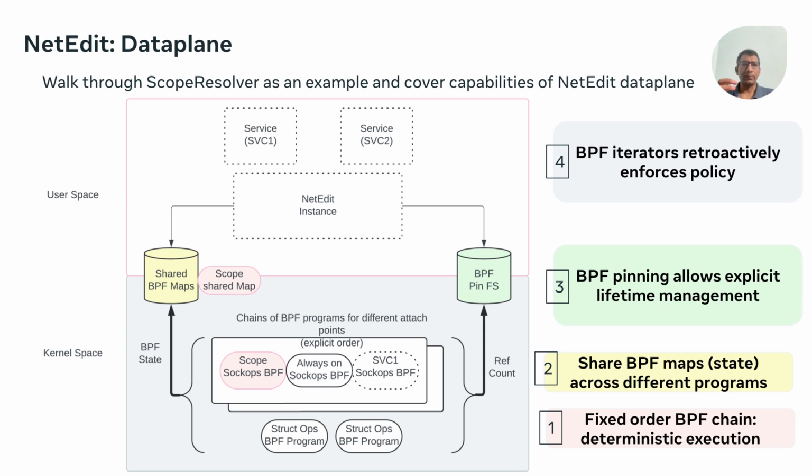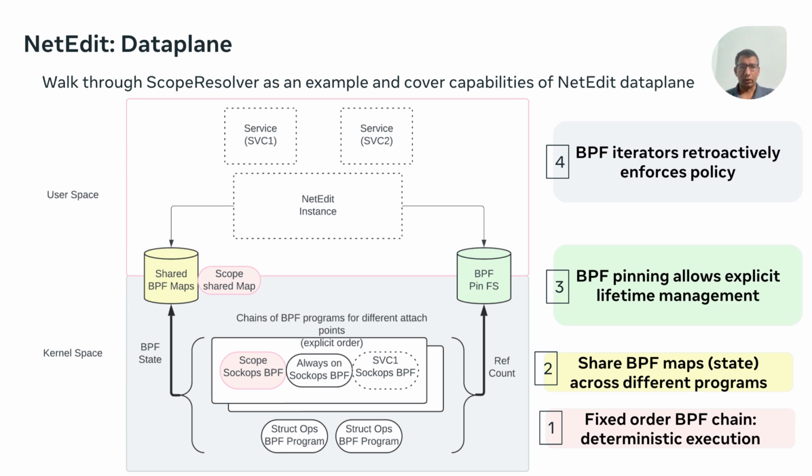Since many transport features require scope to decide policy, this particular eBPF program has to always run first. So the key idea here is to impose a deterministic ordering across all the eBPF programs for every attach point. And we typically do this for attach points where more than one program can get executed.